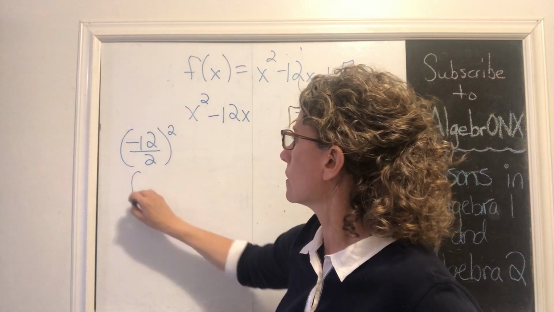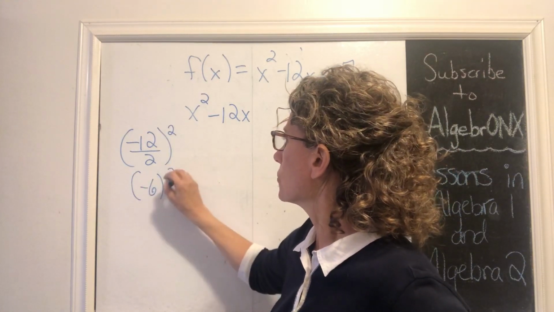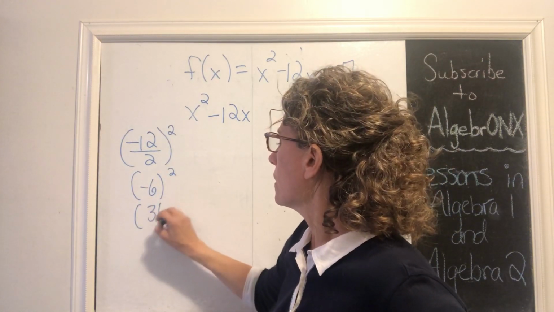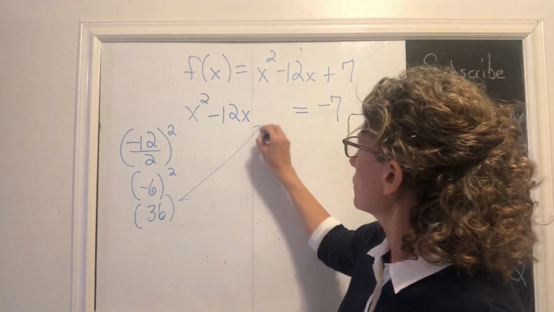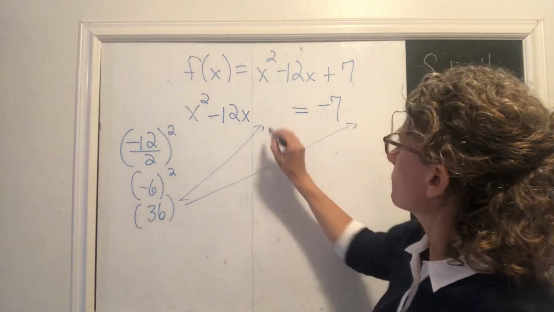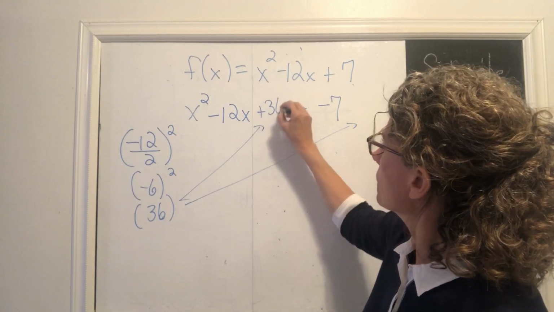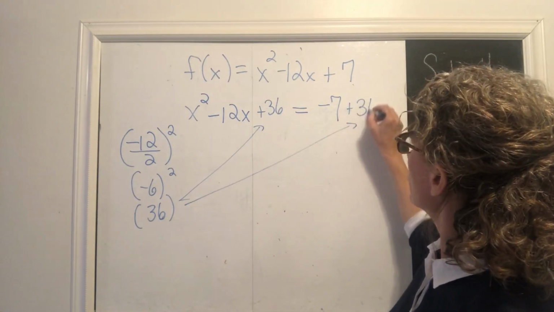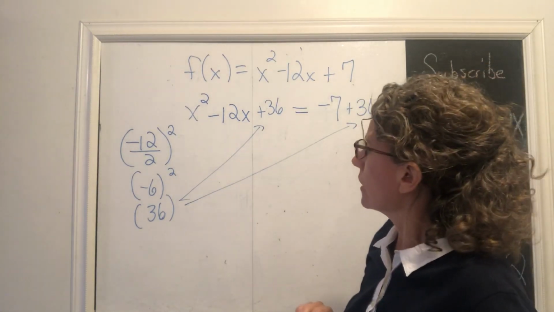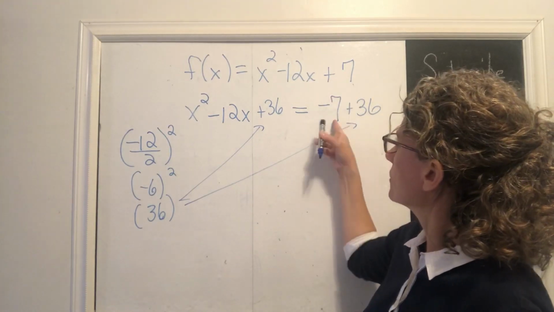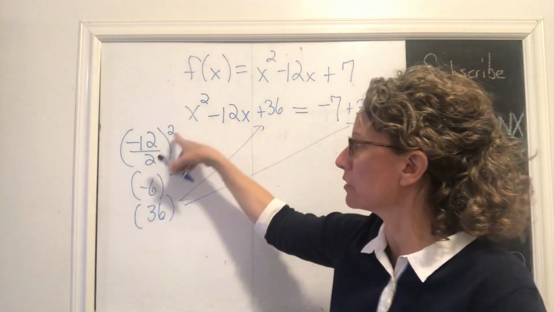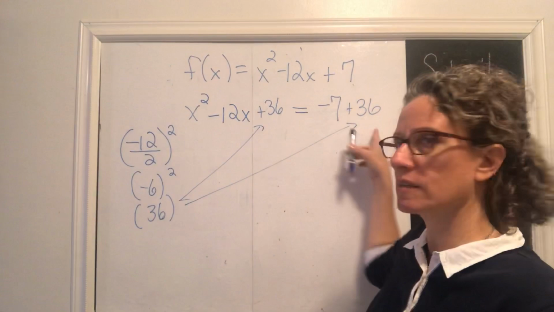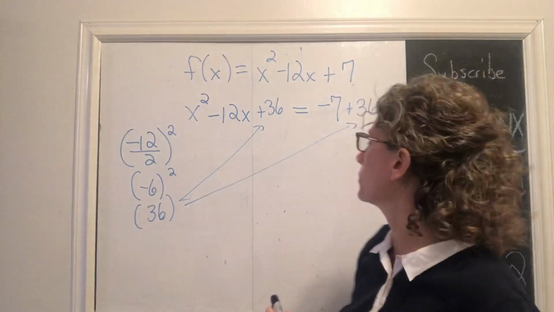Then you square it, and that's 36. And you add that to both sides. So I'm going to add it here, and I'm going to add it here. Okay, so move that constant, middle coefficient, half it, square it, add it to both sides. That's my little limerick to go with that.